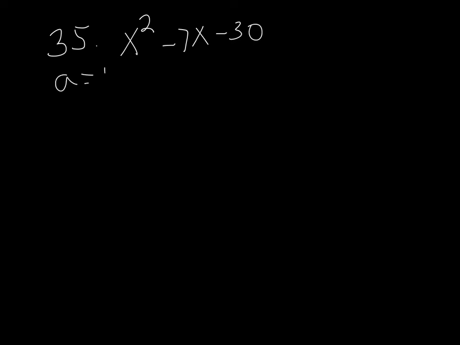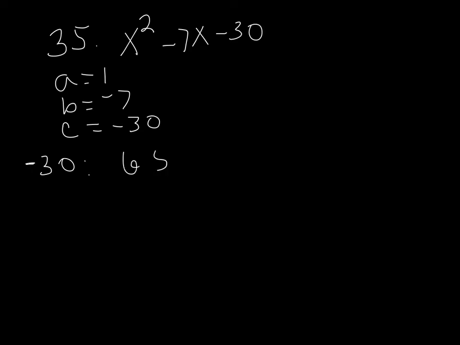Here, A equals 1, B equals a negative 7, and C equals a negative 30. Okay, so now I'm going to look at 30 and think about what multiplies to 30. And I want a negative 30.